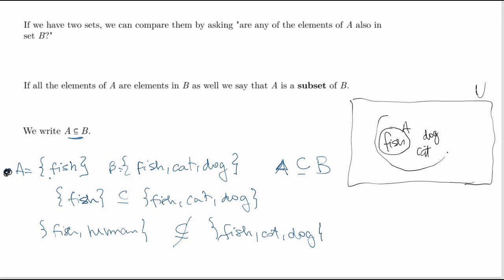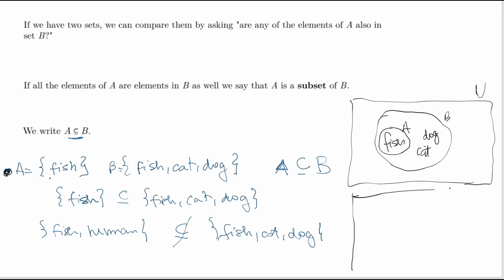So in the end of the day, set B embraces set A. Or you think about it, A is totally contained inside set B. If this happens, then A is a subset of B. Okay? And you can write A is contained in B. Okay? So when we say that A is a subset of B, you have to have this image that all elements of A are inside B. So the whole set A is sitting inside B.